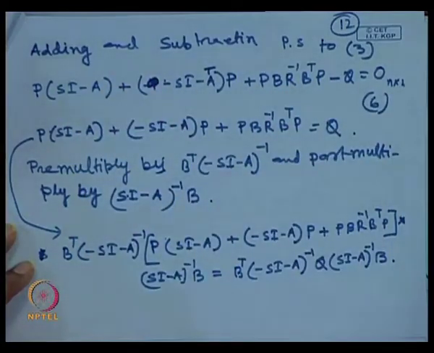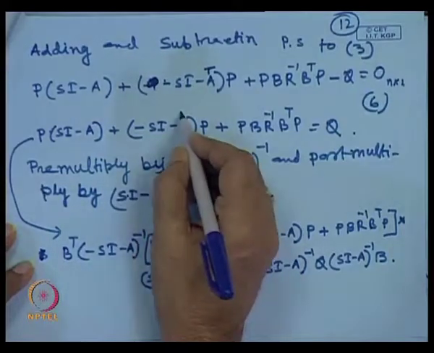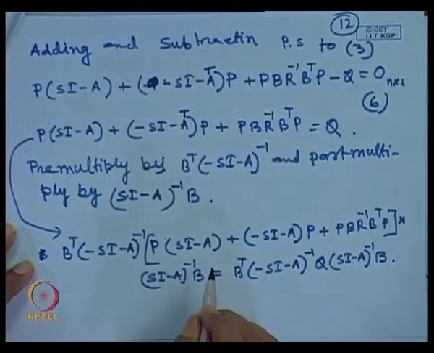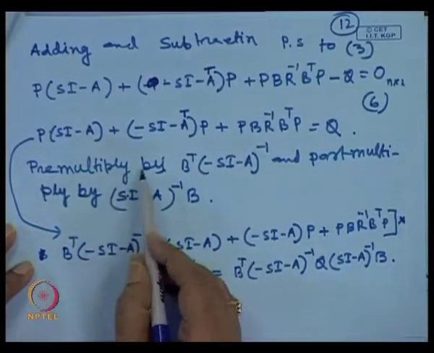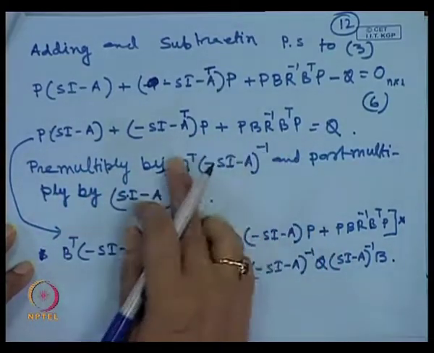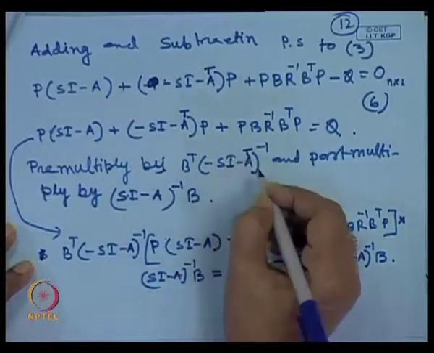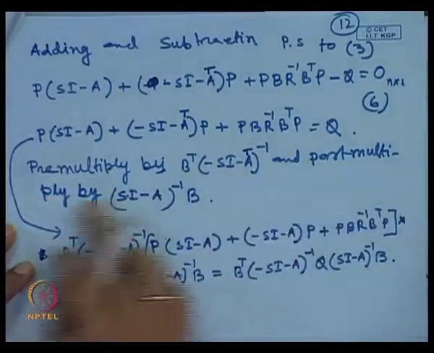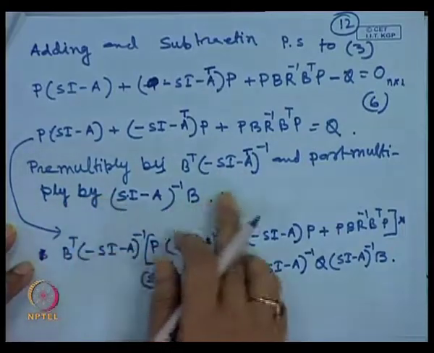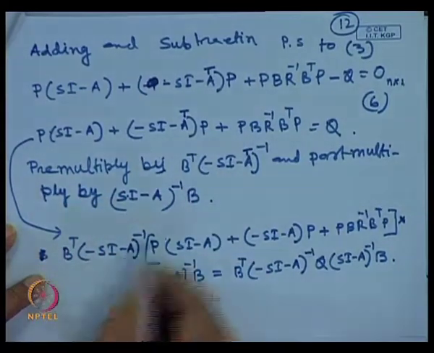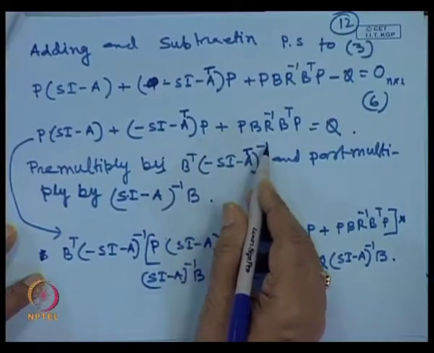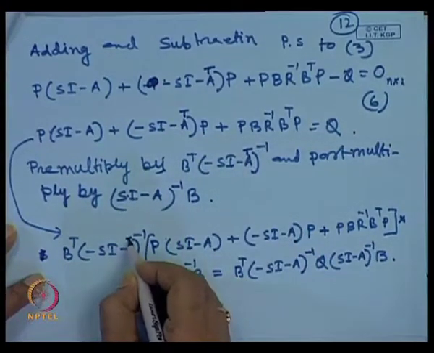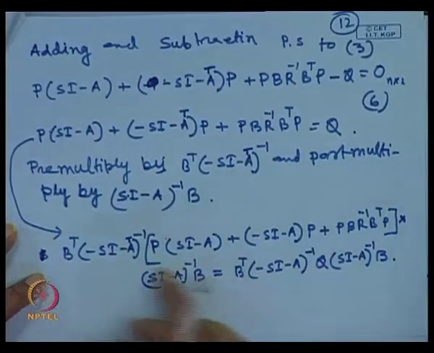So now what did we do? This will be our transpose, agree. Then we pre-multiply and post-multiply by this factor, and this should be A transpose. Both sides I pre-multiply by B transpose, minus S I minus A transpose whole inverse, and post-multiply by that on both sides.